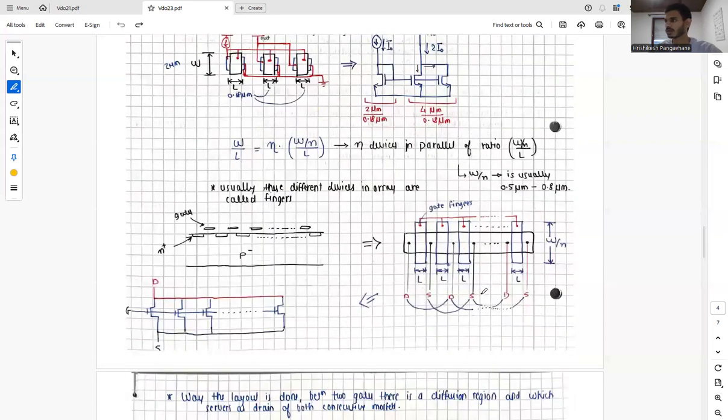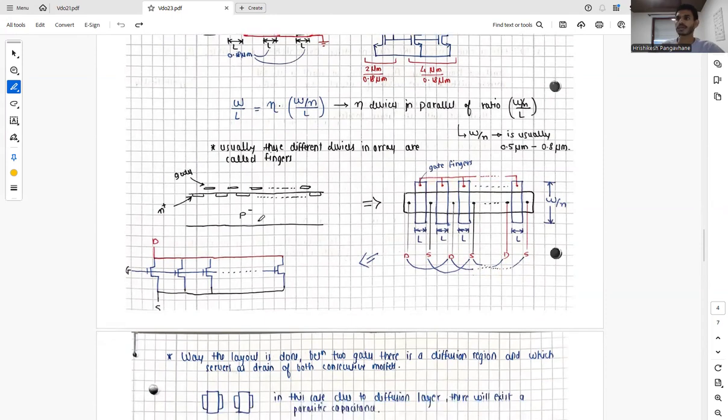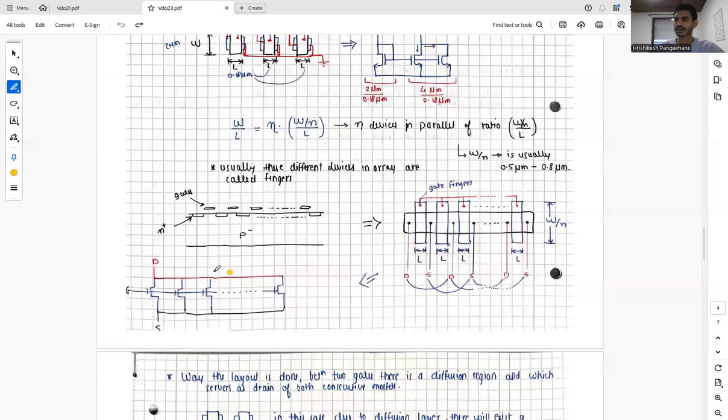So here also what we can do is we have drain, source, drain, source, and they are all connected to each other, and all the gates are connected. So this is how we can realize and implement the layout. So basically it will look like this.